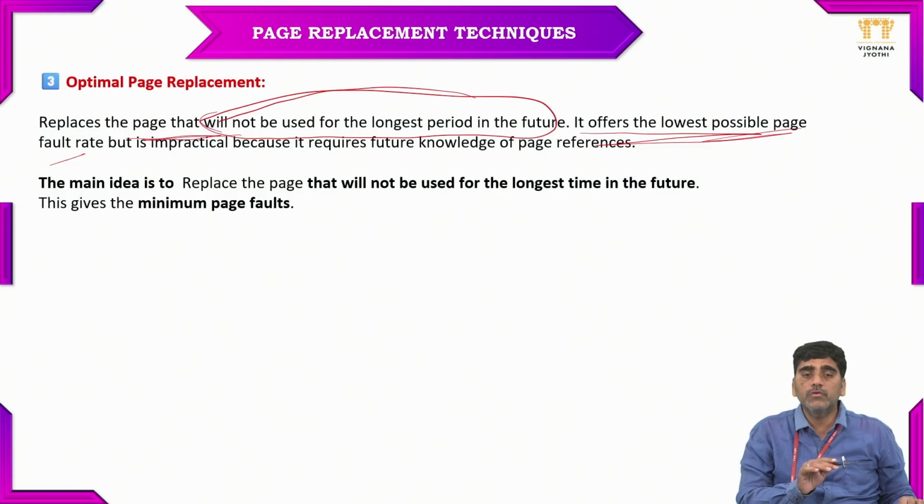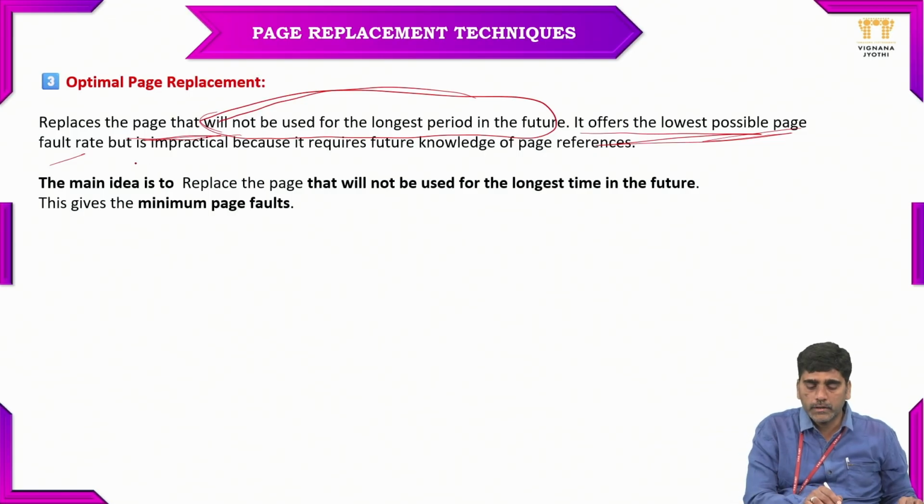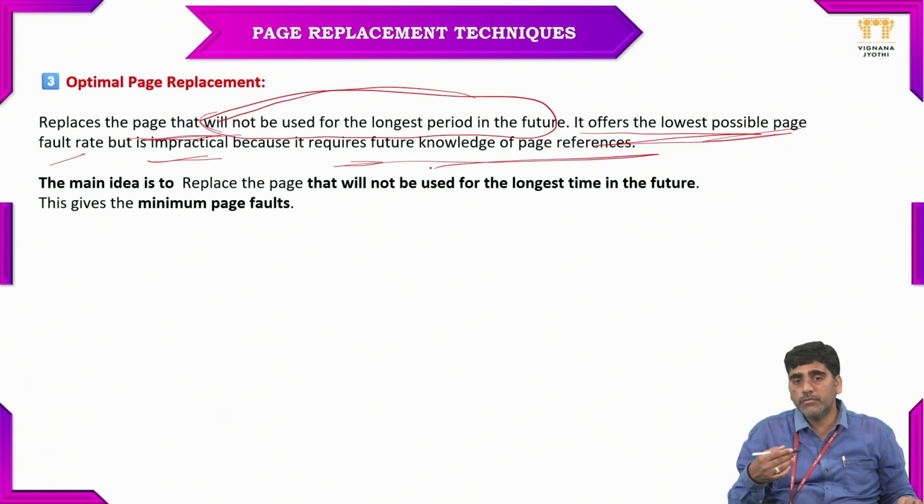Compared with those two algorithms, optimal page replacement gives the lowest possible page faults. But it is impractical because it requires future knowledge, future page references, which may or may not be used in the future.